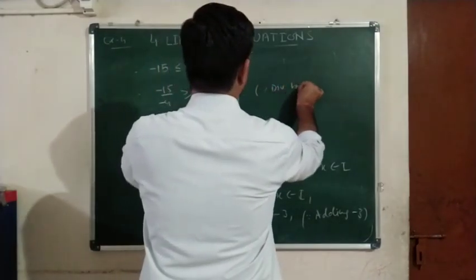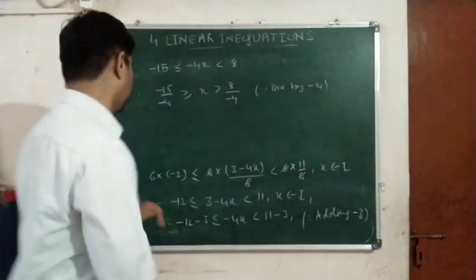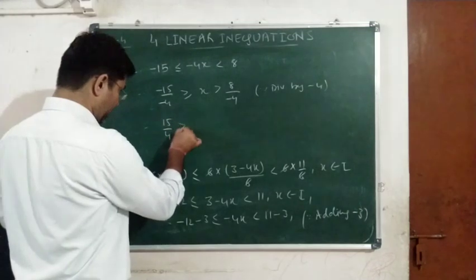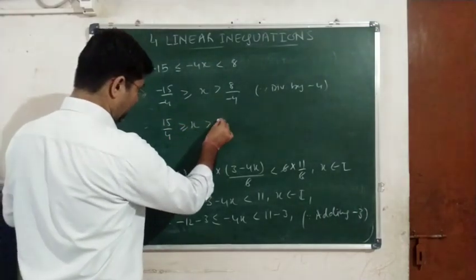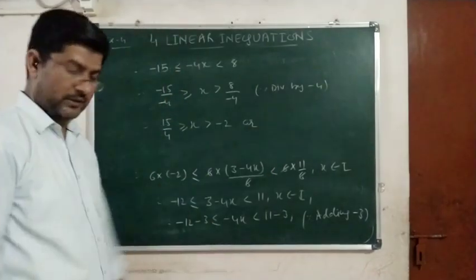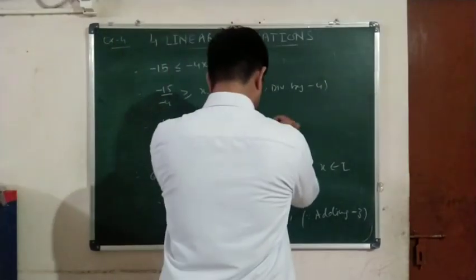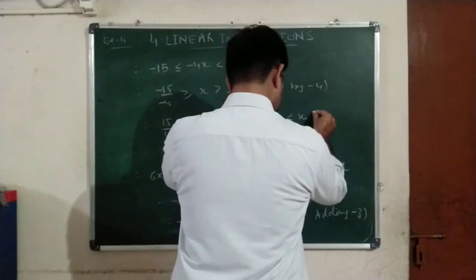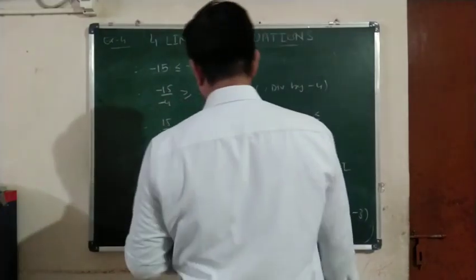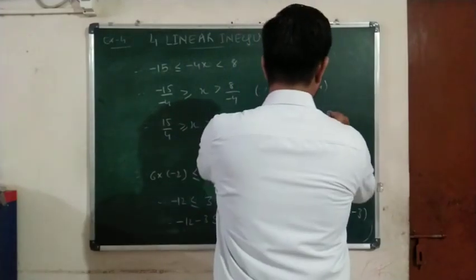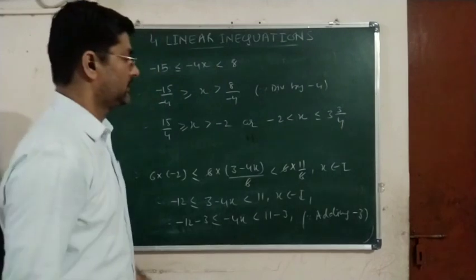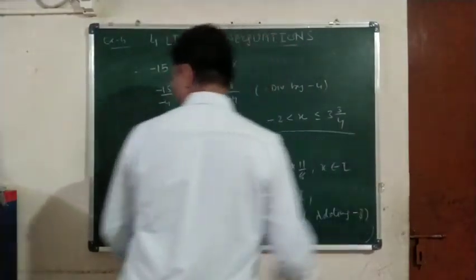Since dividing by minus 4, therefore 15 upon 4 is greater than or equal to x is greater than minus 2, or we can reverse the statement and write like this: minus 2 is less than x is less than or equal to 15 by 4. That is, 4 3s are 12, 13, 14, 15, like this. Okay, so this is the final solution.